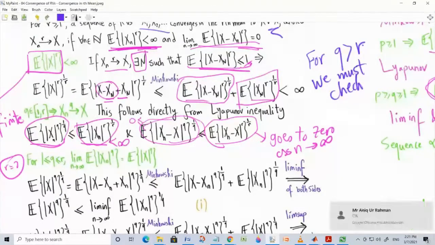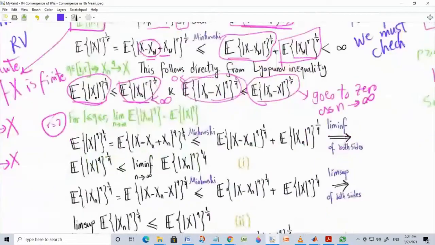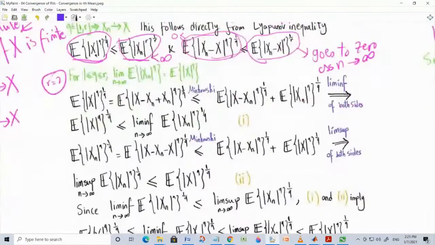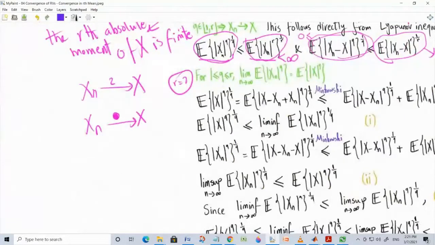So, okay. Now, the last conclusion, and this conclusion is not as intuitive as you may think. So, we have xn converges to x in the rth mean. So, here's the question.